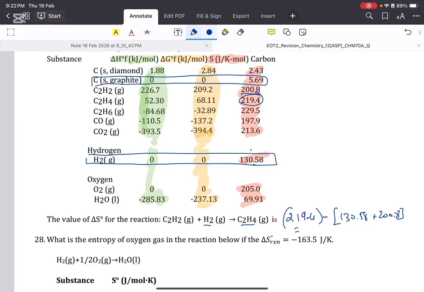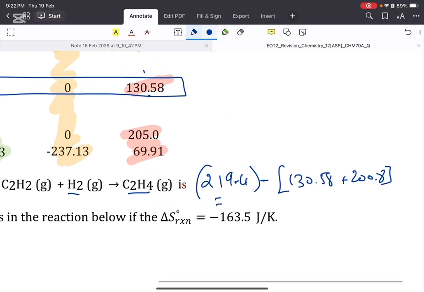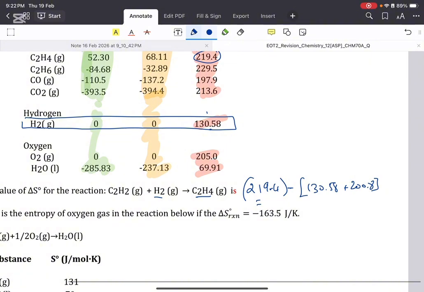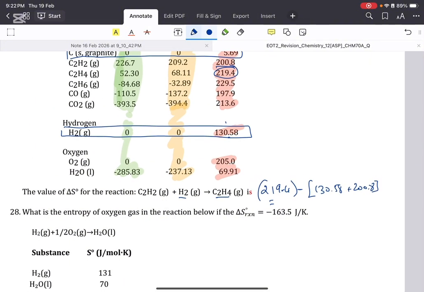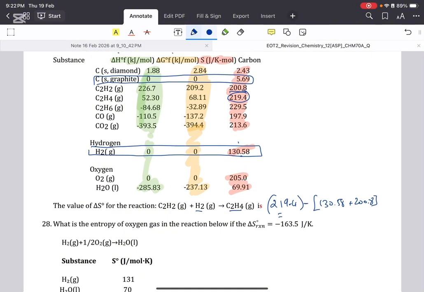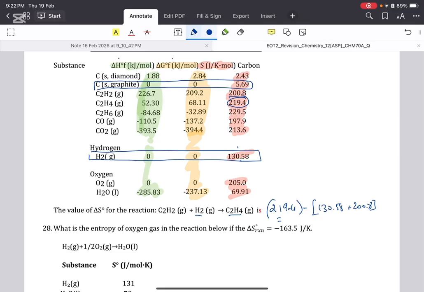So the final answer is going to be 112. I'm not sure if the answer is correct in the answer key. 219, and C2H2 gas is 208.